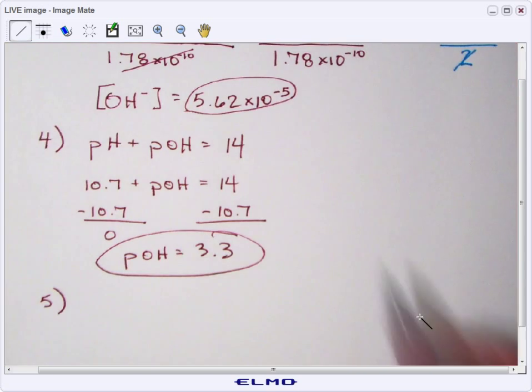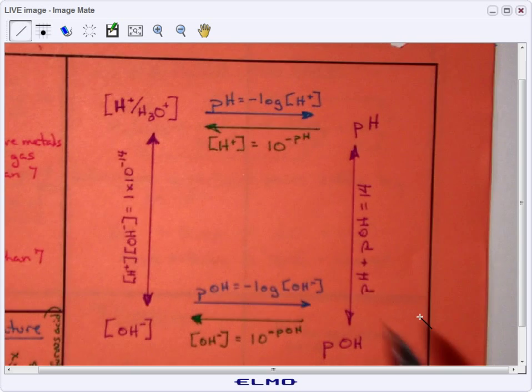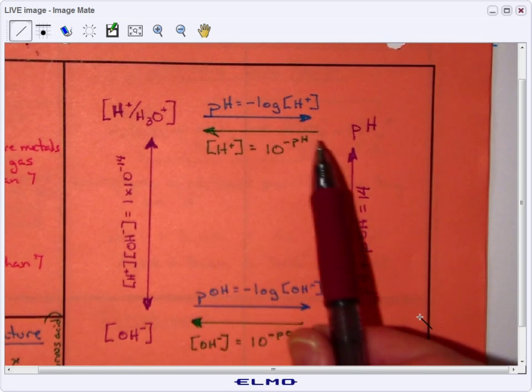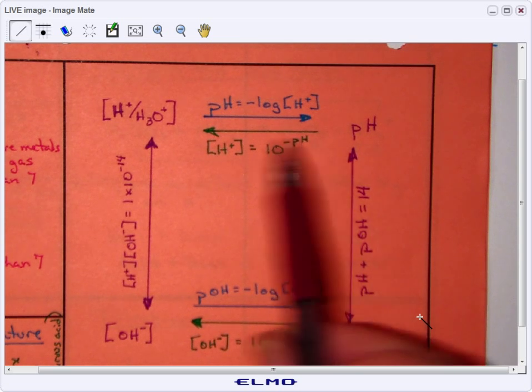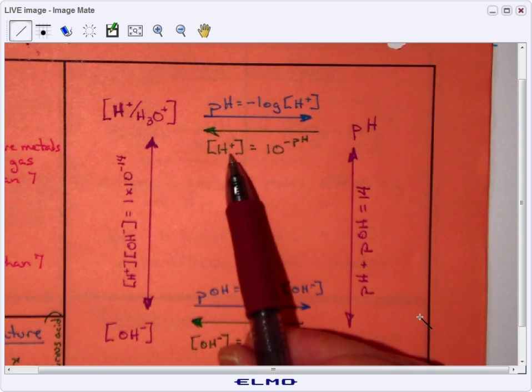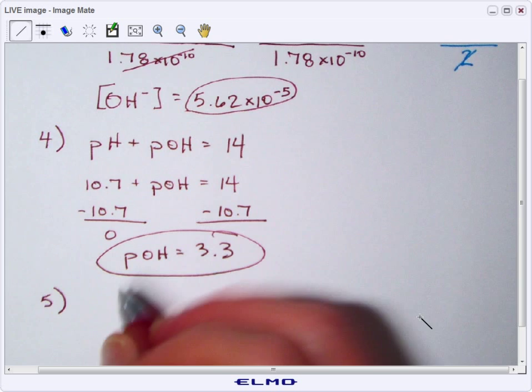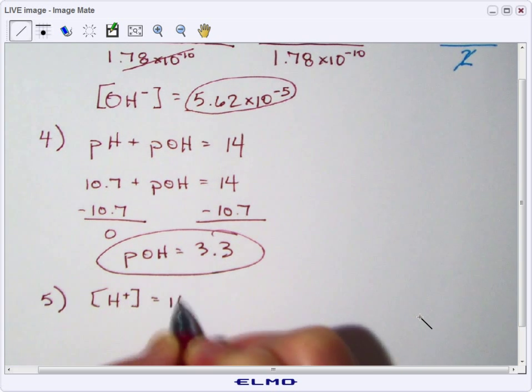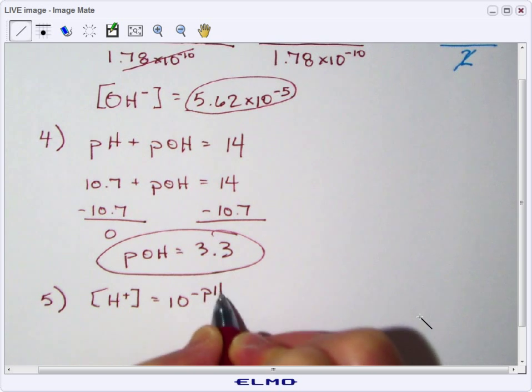This is an operation you don't do very often. So we're going in this direction, so we're going to use this equation right here. So the H plus is 10 to the negative pH.